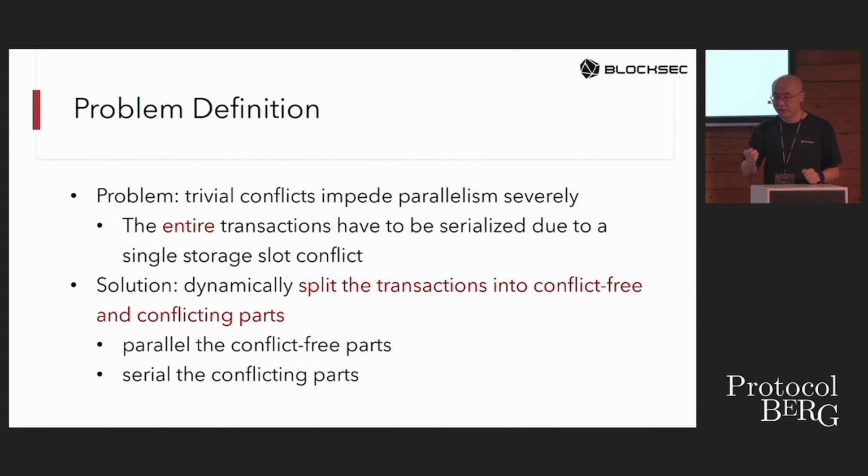As I just said, the entire transaction has to be serialized due to a single storage slot conflict. So we can dynamically split the transactions into different types of operations. We can parallelize the conflict-free parts of the operations inside that transaction, and serialize the conflicting parts. By doing so, we do not have to re-execute the whole transaction when a conflict happens.